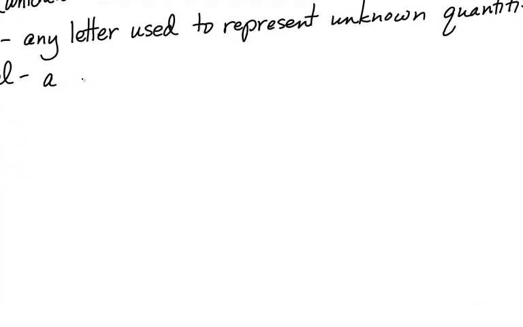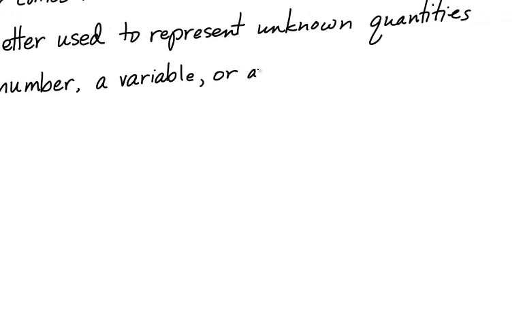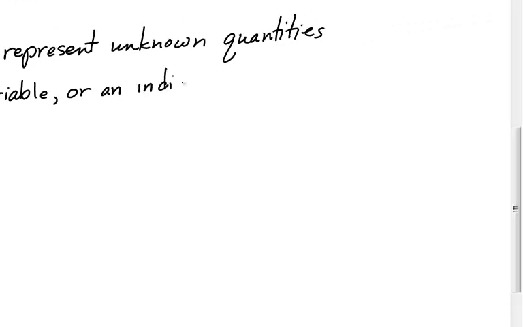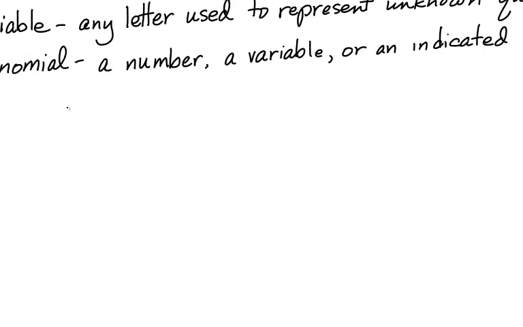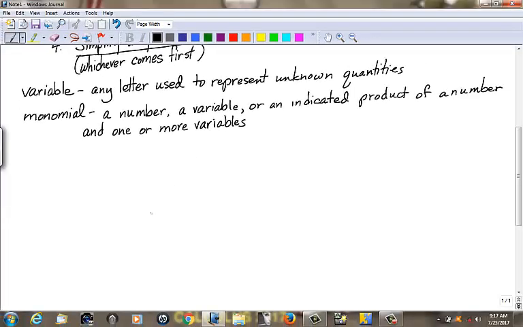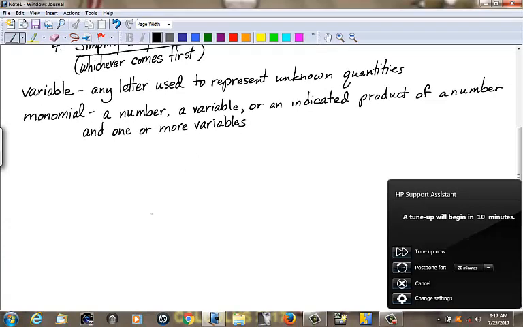A monomial is a number, a variable, so it might be a letter, might be a number, or an indicated product of a number and one or more variables. So a number, a variable, or an indicated product.